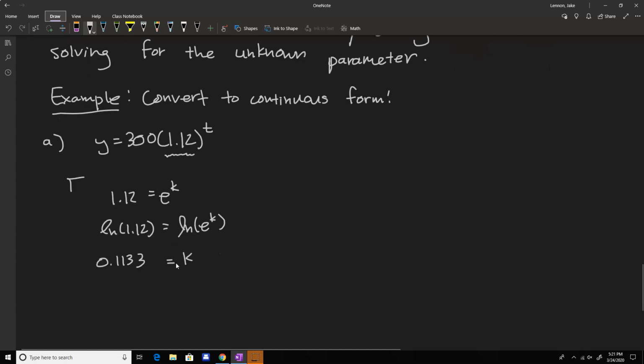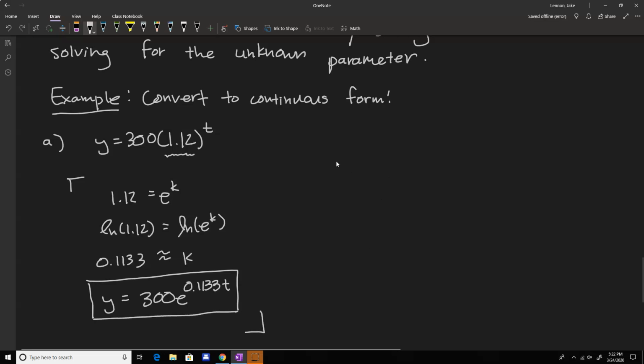Again, this is an approximation, so I should be using squiggly equals, because it's a rounded version of the natural log of 1.12. So this would be y equals 300 times e to the 0.1133 t. That is our continuous form of the equation we saw above.